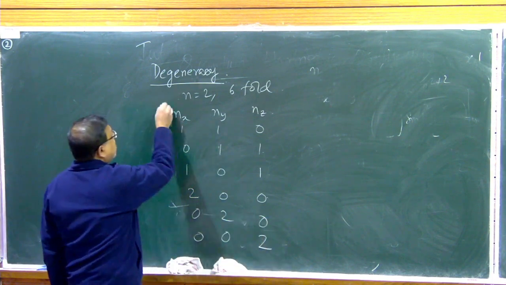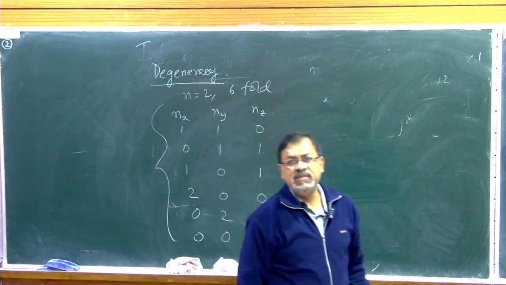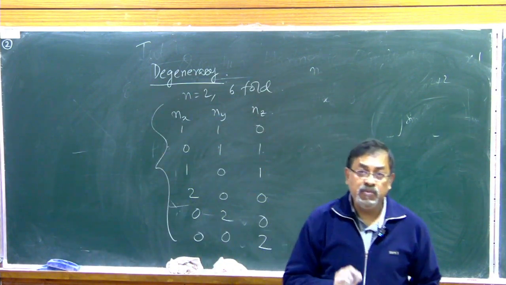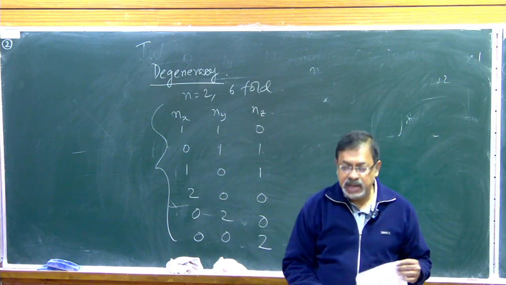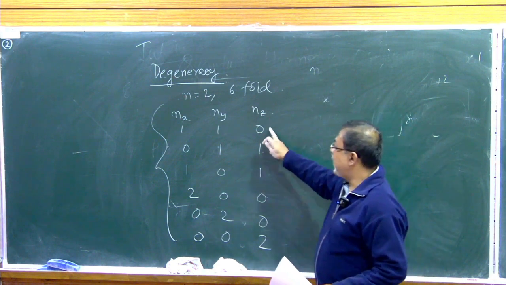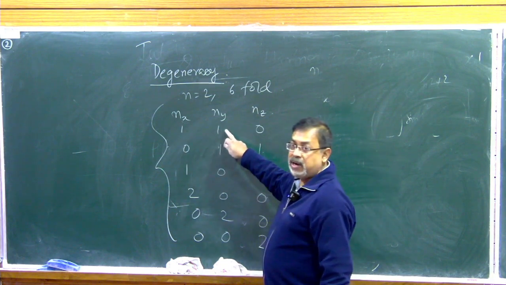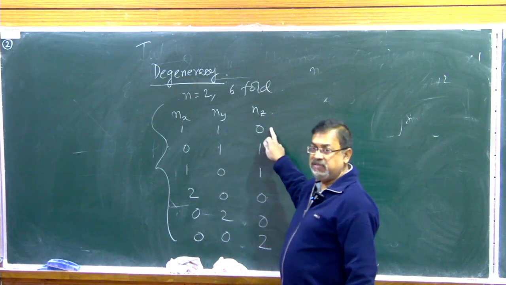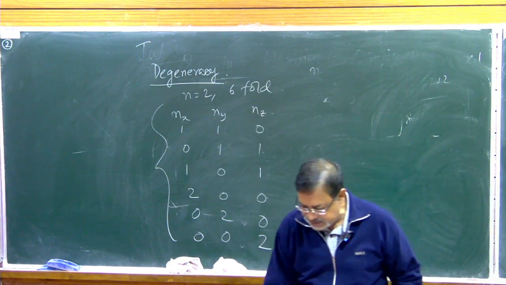These are the 6 energy levels, and each one of them will have different eigenfunctions given by their Hermite polynomials. So this will be Hermite polynomial H1 alpha x, H1 alpha y, H0 alpha z, and so forth. So this is what is meant by degeneracy.